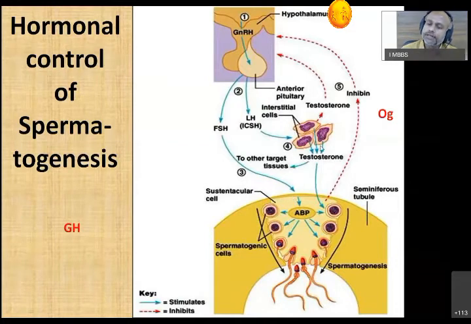It is not achieved even if we give a lot of testosterone externally to a male, it is of no use, because this concentration is achieved by paracrine effect. It is just secreted here and acts on the adjacent Sertoli cell, binding to the androgen binding protein, and it is present in a high concentration in seminal fluid. This concentration is not achieved by exogenous supply.